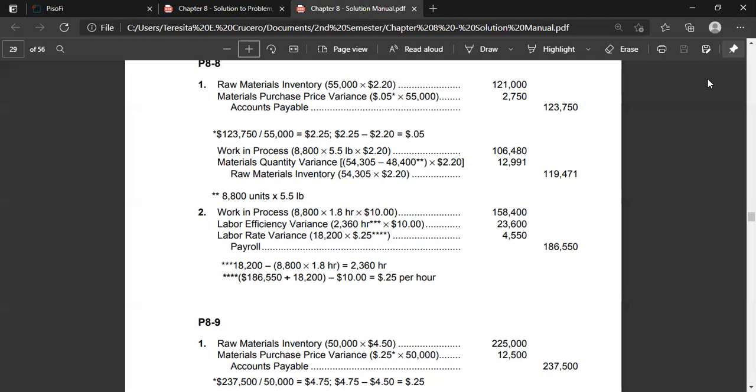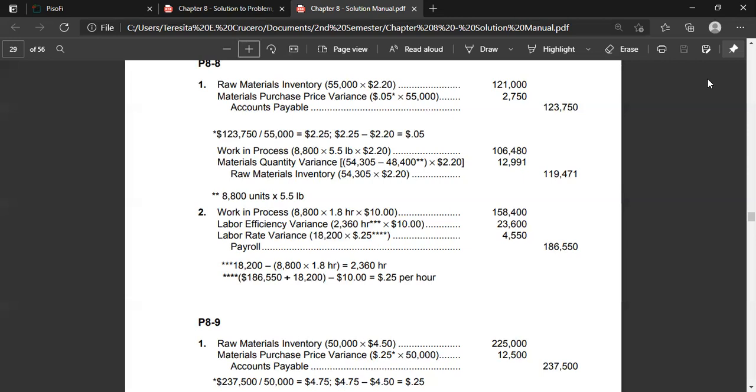So we now get 158,400. Here, 106,480. Then we debit to materials quantity variance, 54,305 minus 48,400 computed as this, and we multiply by 2.20 being the standard price per pound of materials.